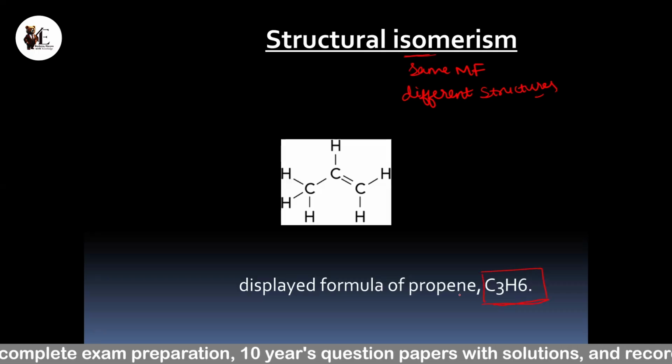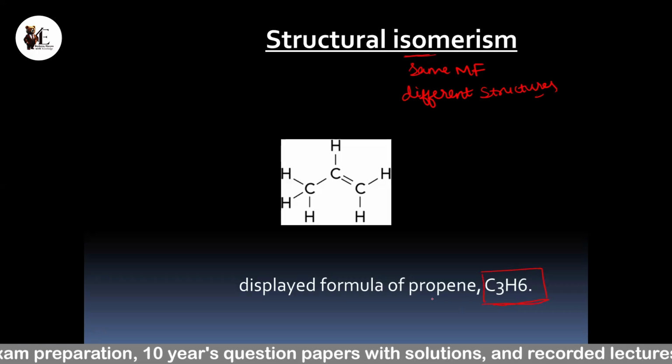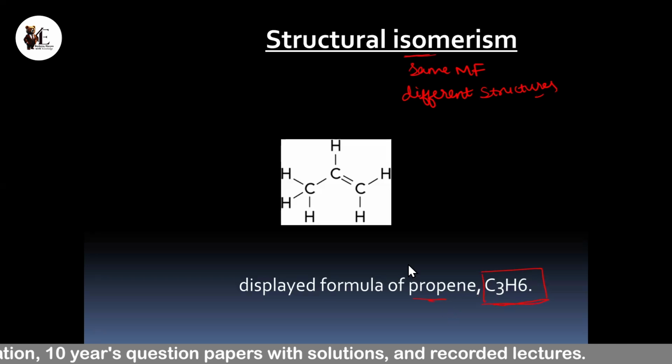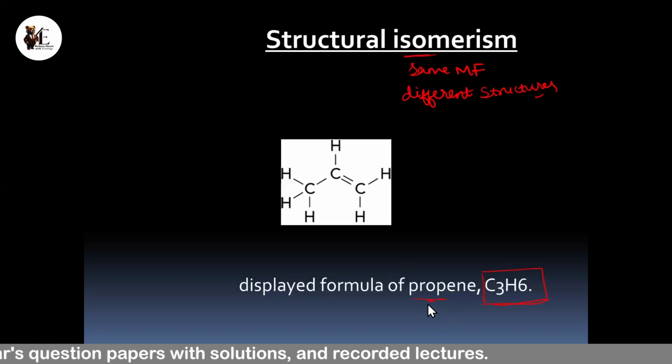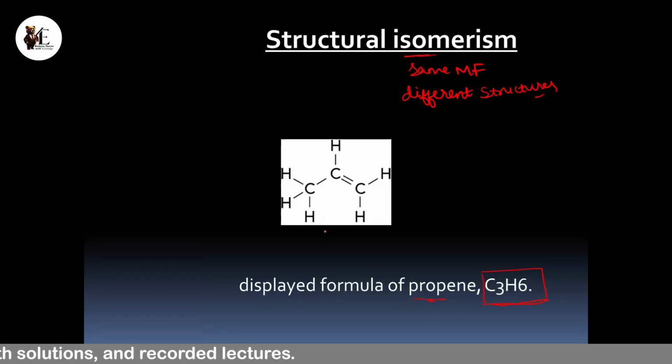What is the name of C3H6? There are 3 carbon atoms, so the root word is pro. As we have drawn here, this is also C3H6. So this is propene. So what is the displayed formula of propene? Draw it in your notebook. Displayed means you have to display all the bonds, all the carbon atoms and all the hydrogen.